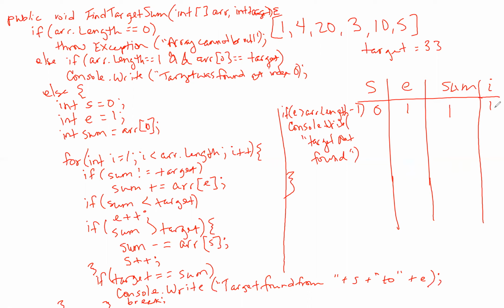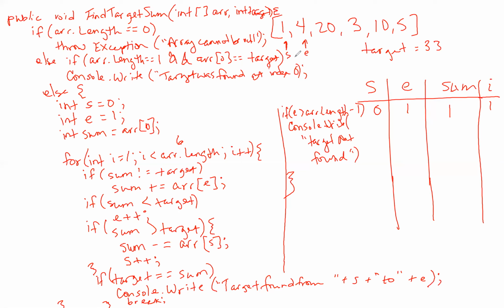Let's go ahead and put the array length, 1, 2, 3, 4, 6. That's 6, so we can keep track of that. Okay, 1 is less than 6. We go in. If sum does not equal target, which sum does not, we can do sum plus equals array at E, and E is at 1. S is at 0.